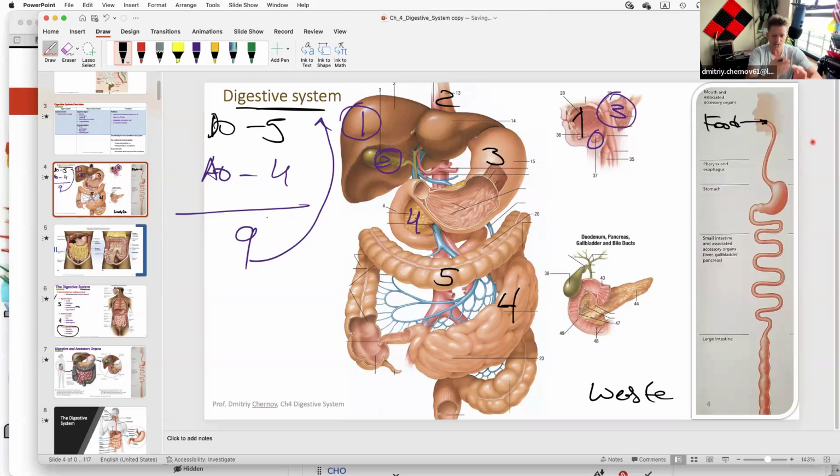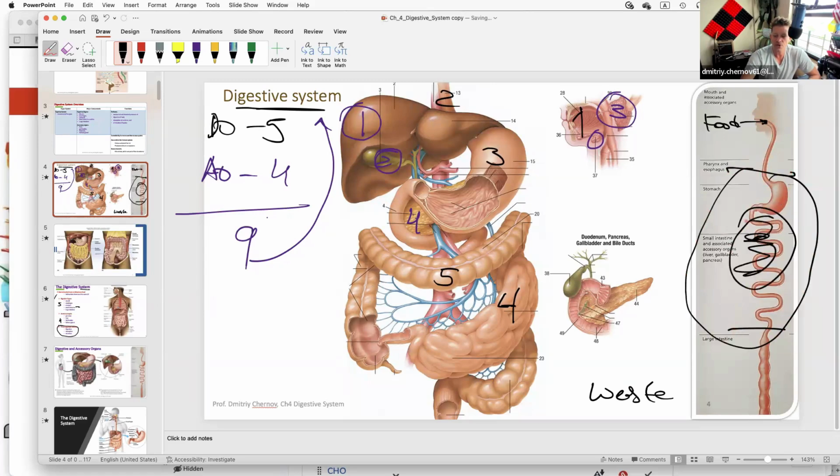Not really, but it's a hollow tube, the alimentary canal. The food passes through it, and within this region, most of the food is absorbed, taken into the blood.